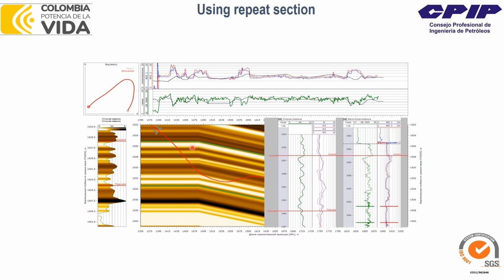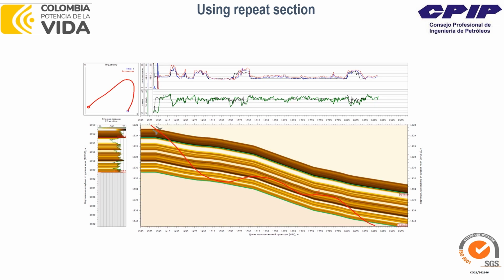Okay, so now we're going to get rid of this offset well, and we put in the data from this part of this borehole, and now we correlate it to itself, and you can see the correlation is much better. All these markers are exactly where they have to be.